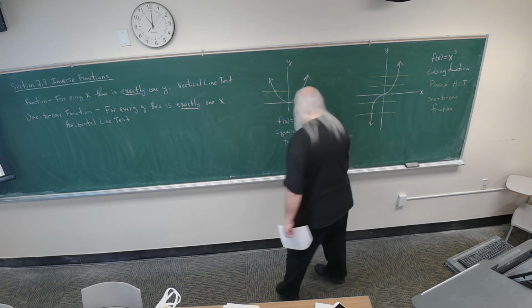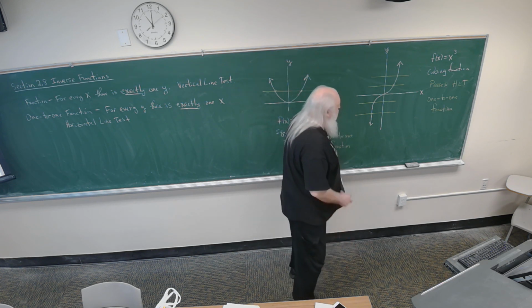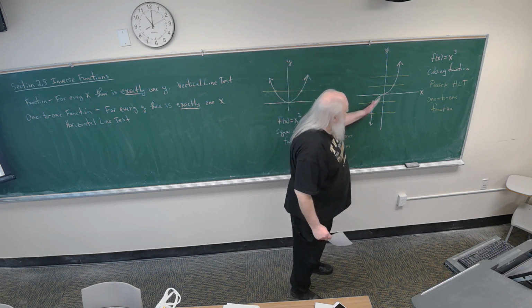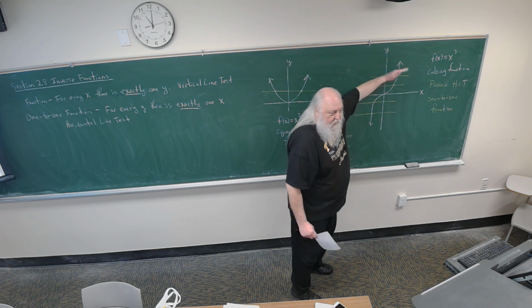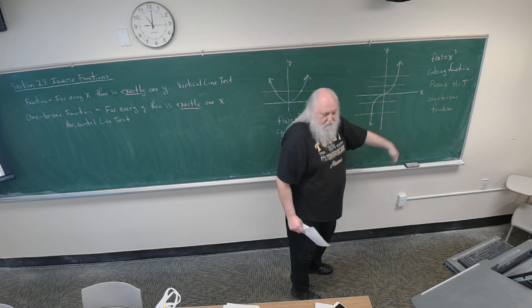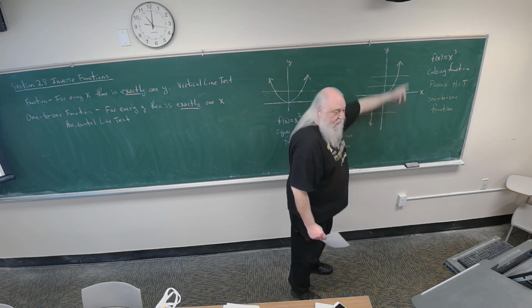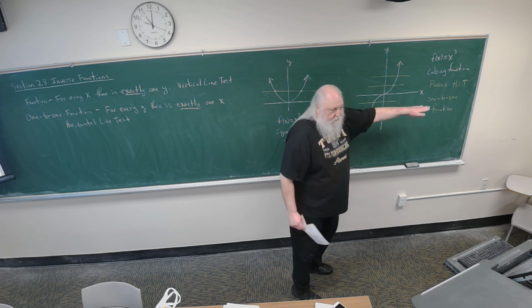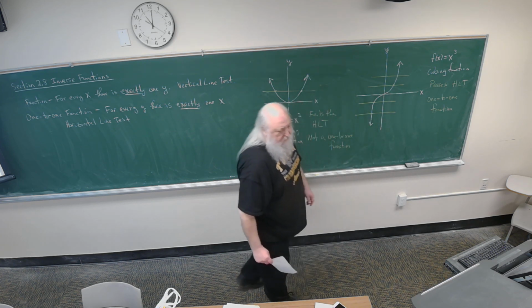And so for a function to be one-to-one, it basically has to be going uphill from left to right or downhill from left to right. If it goes up and down, there's going to be some place where it doesn't pass the horizontal line test.